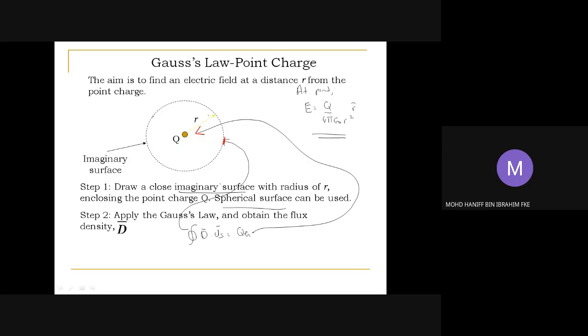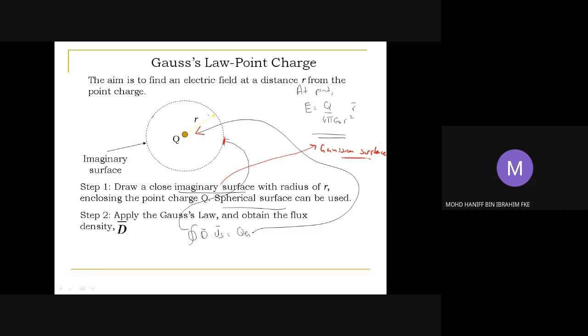I need to reword this: the imaginary surface is also called a Gaussian surface. I hope you understand that the left-hand side of the Gauss law should be evaluated on the surface of the Gaussian. The enclosed charge is the charge inside the Gaussian.